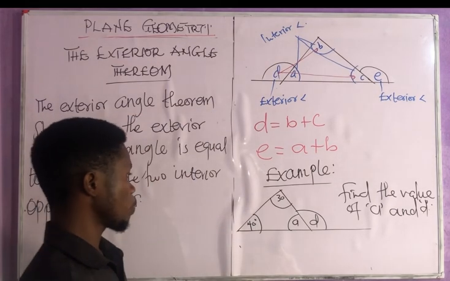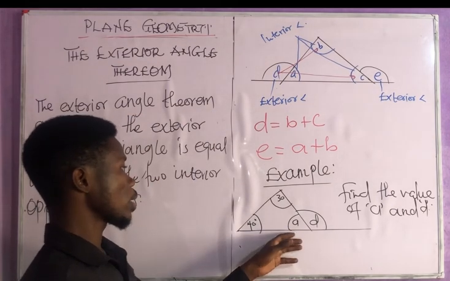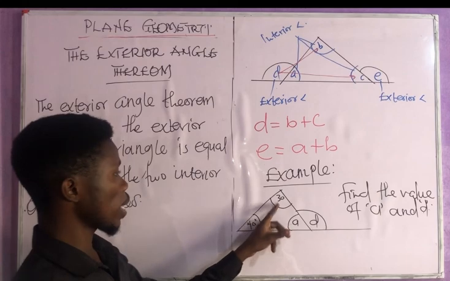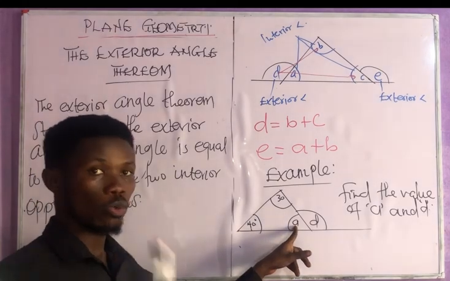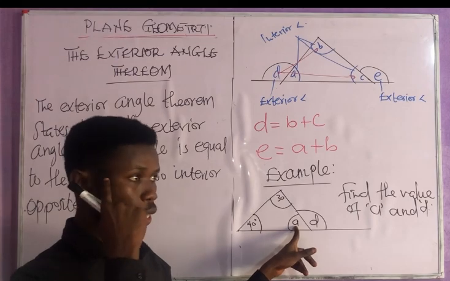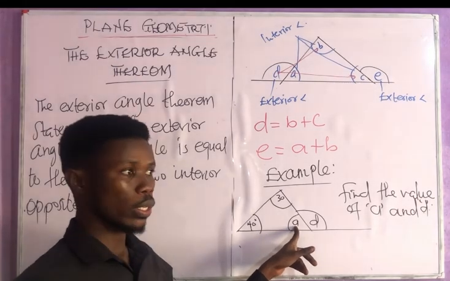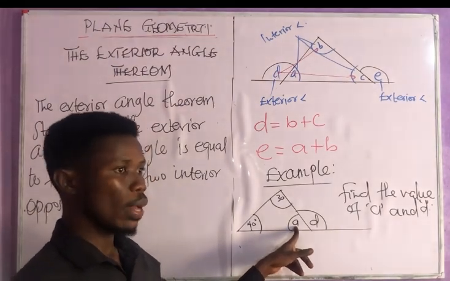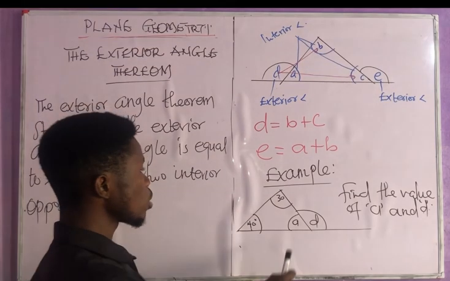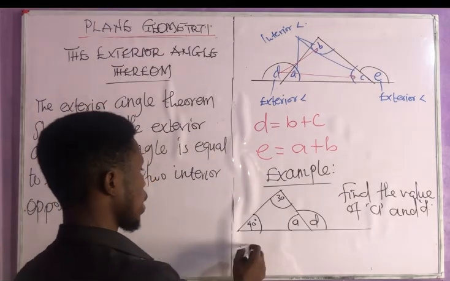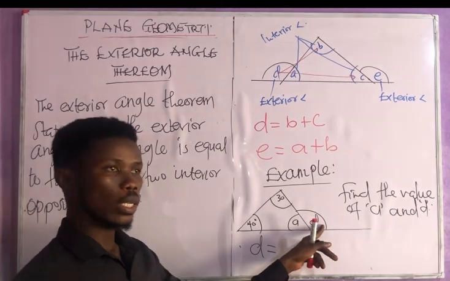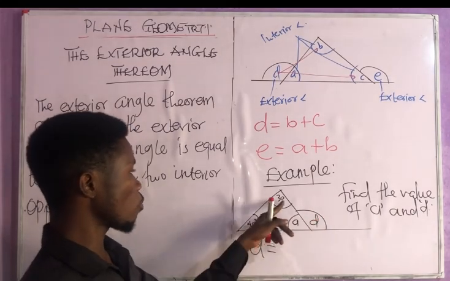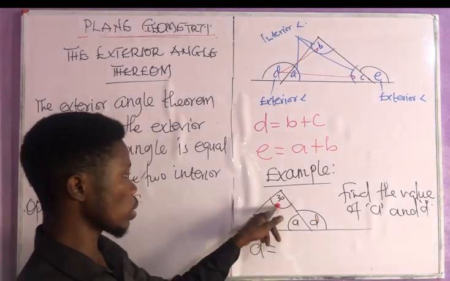It's very simple. Somebody can decide to find, this plus that, 40 plus 30 plus A will give us what? 180. That's interior angle. The sum of interior angles of a triangle is 180. But we can also use a property that says that the exterior angle of a triangle is equal to the sum of its opposite interior angles.